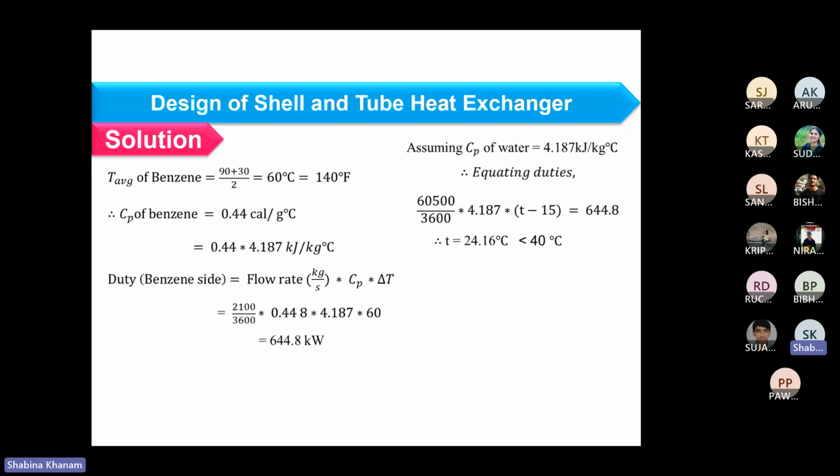We will start with benzene because we know the terminal temperatures for it, and we need to collect the Cp value, viscosity, and other properties which we usually consider at average temperature. For benzene the inlet temperature is 90 and the outlet temperature is 30, so 60 is the average temperature, which is 140 degrees Fahrenheit.